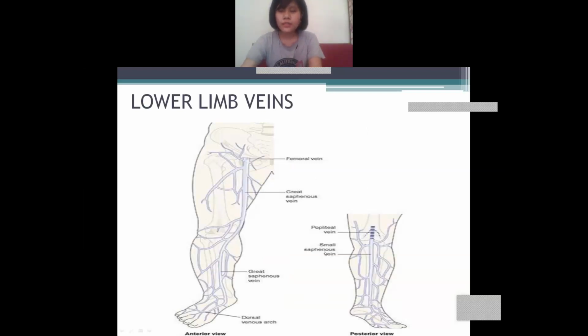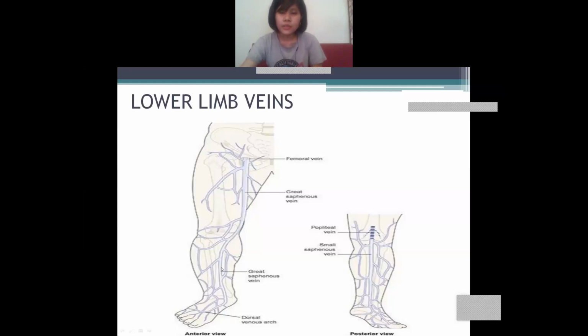So first, let us discuss the great saphenous vein. Where do they lie mostly? They lie mostly on the tibial side of your leg. This is your leg, right? So this is the tibial side.